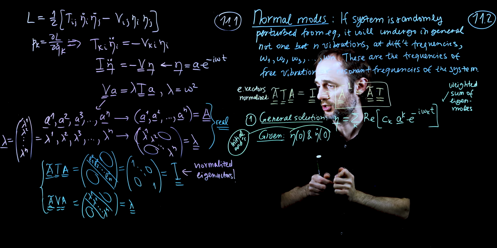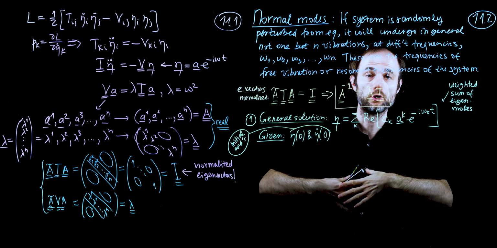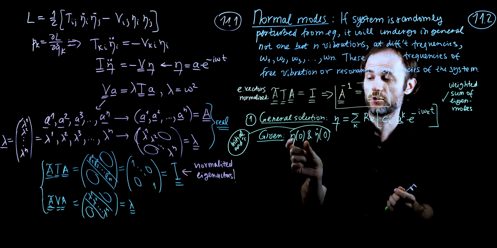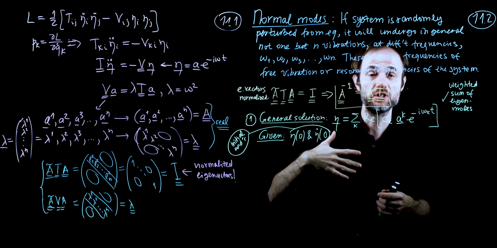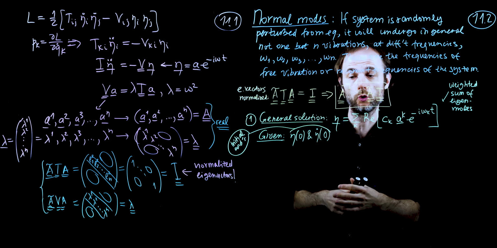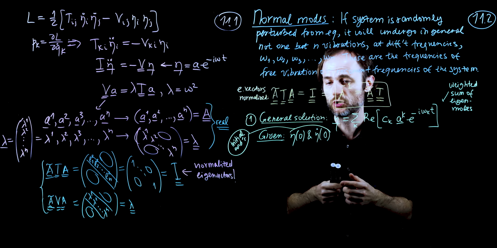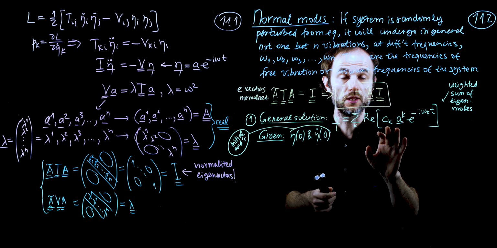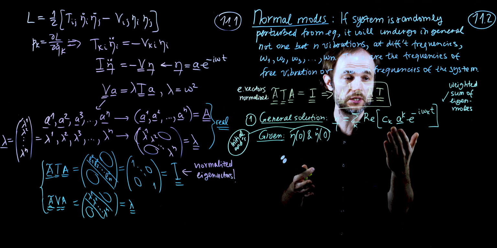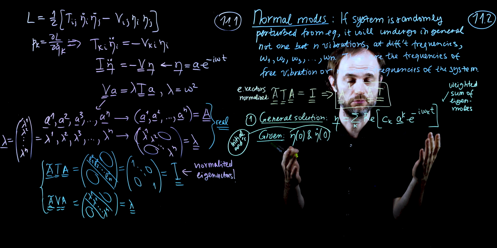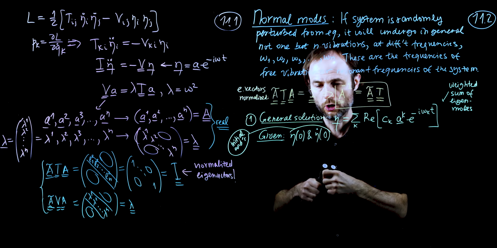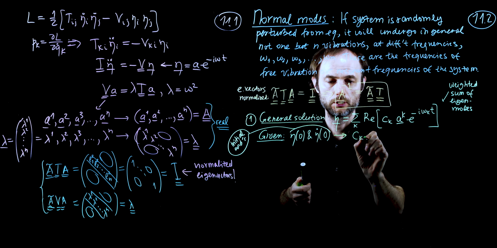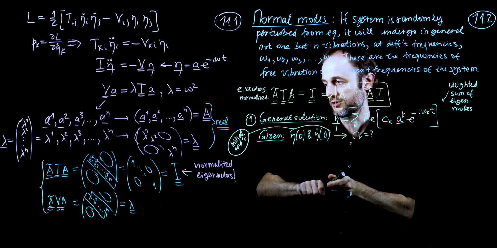For these initial conditions, we should in principle be able to evolve the system forever in time. For all time, we will know this because we're given the initial position, initial velocity. That should be sufficient to integrate our Euler-Lagrange equations in time. So let us try and figure out what is the right set of weights that will give us the right solution, because the set of weights determines the solution exactly for all time. So from here, what we're trying to find is what is ck in order to satisfy this.